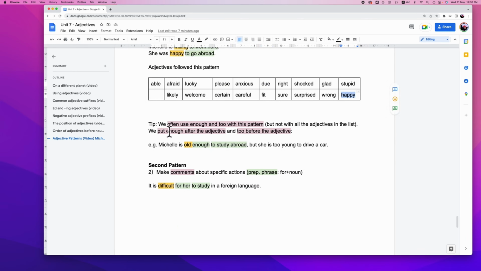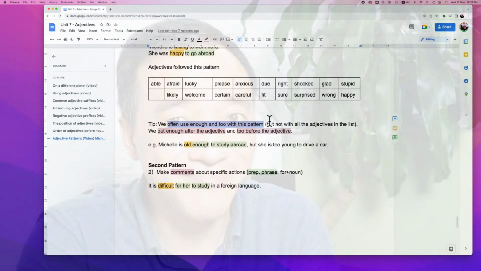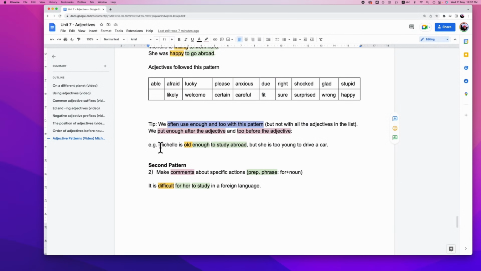Now, there are some tips. We often use enough and too with this pattern. We use enough after the adjective, and we use too before an adjective. Take a look. Michelle is old enough to study abroad. She's too young to drive a car.